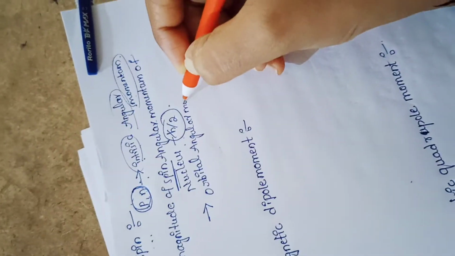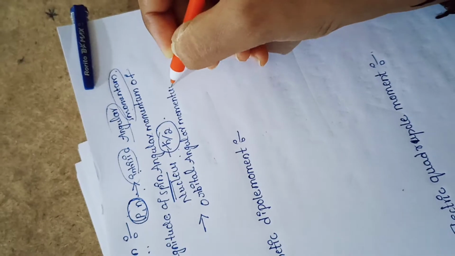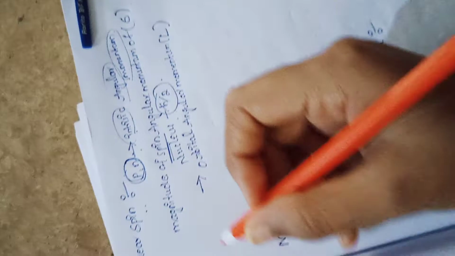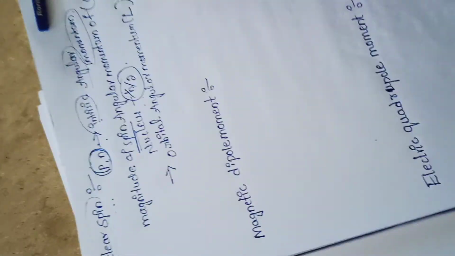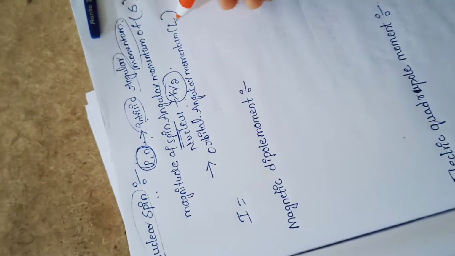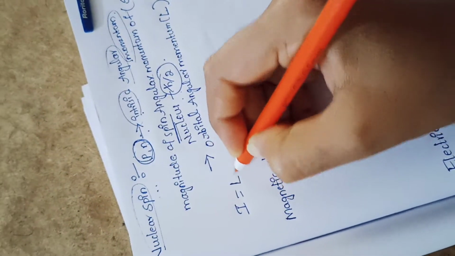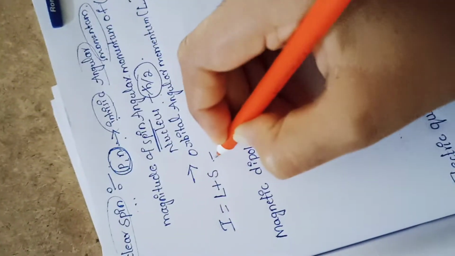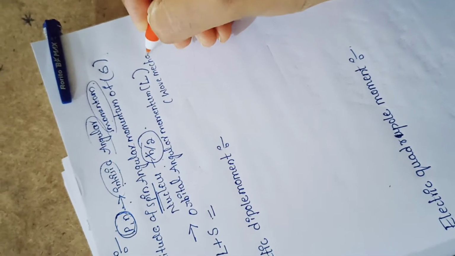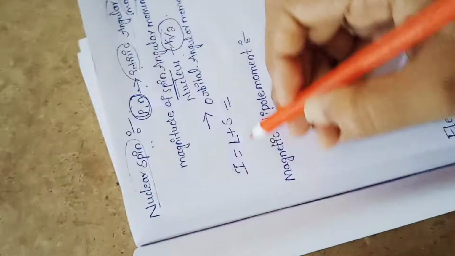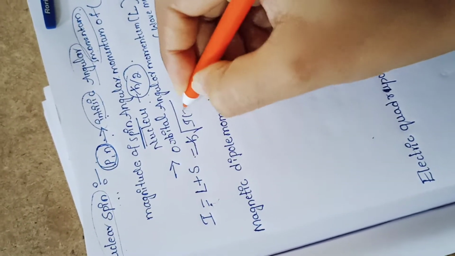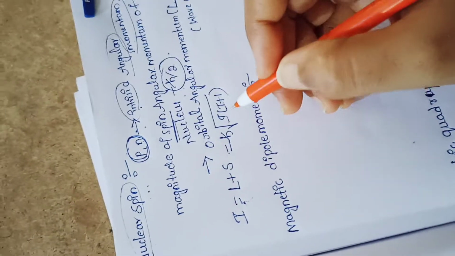In general, orbital angular momentum is denoted by L and spin angular momentum is denoted by S. Now the total angular momentum of the nucleus, that is I, is equal to orbital angular momentum plus spin angular momentum, that is L plus S. According to wave mechanics, the final value is I equals h cross under root I into I plus 1.